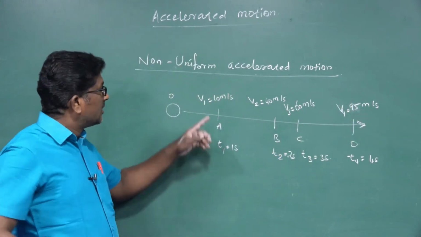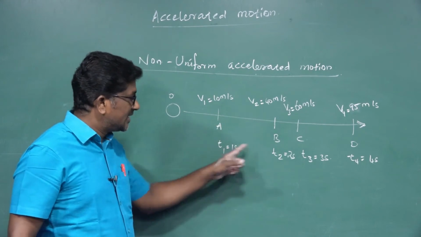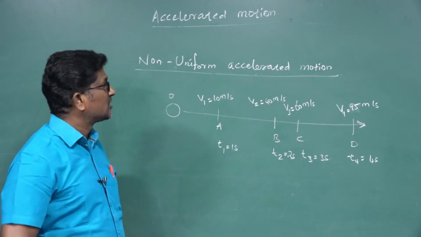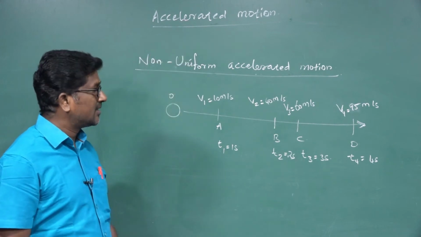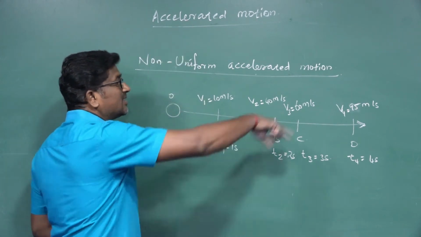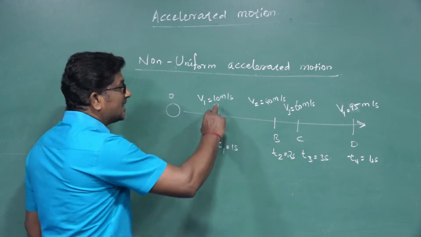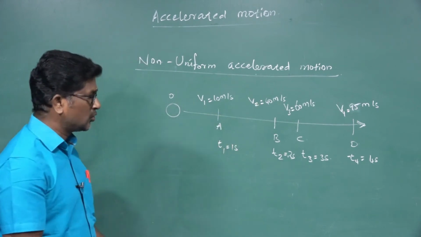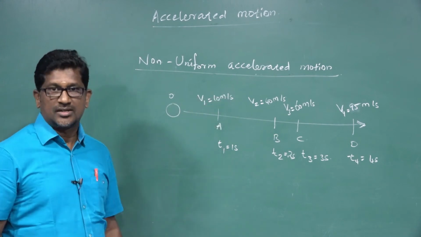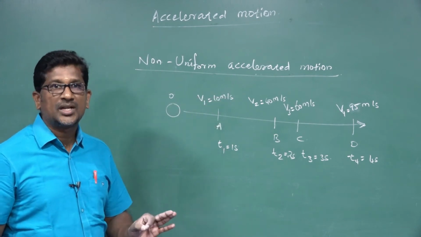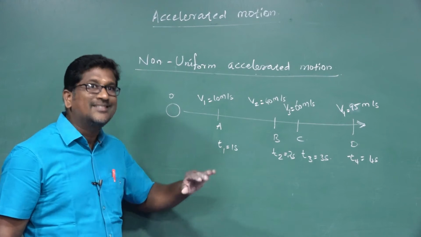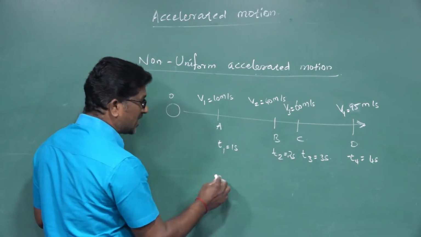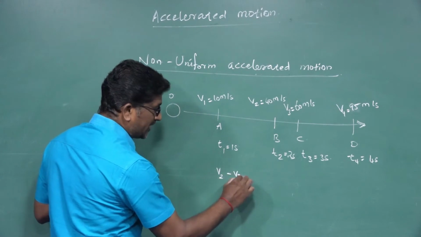Here the velocity of the particle changes with time. So this type of motion is called accelerated motion. So in this accelerated motion, the change in velocity of the particle with respect to unit time is not constant. During this motion, the change in velocity is V2 minus V1.